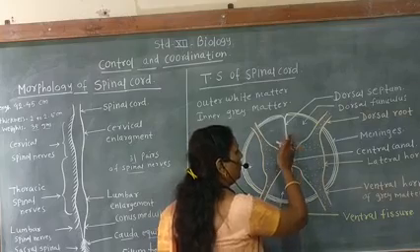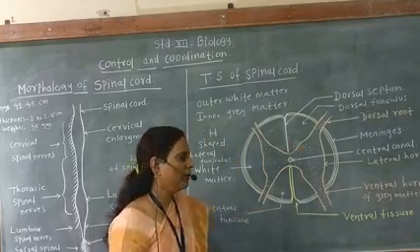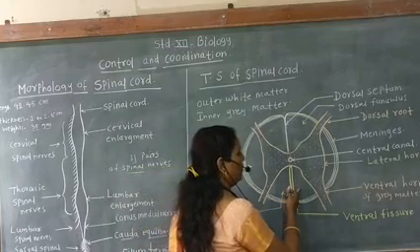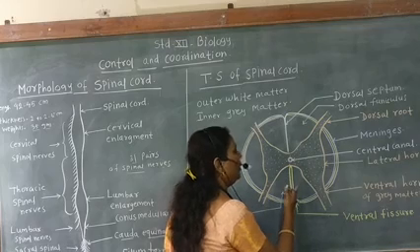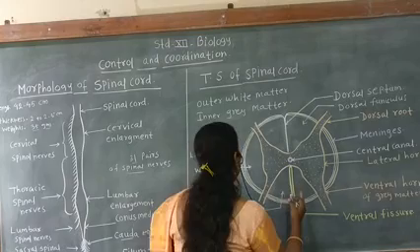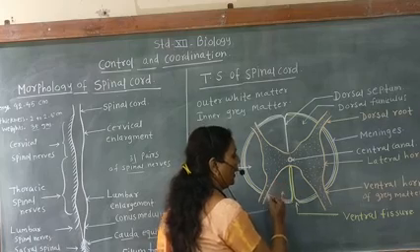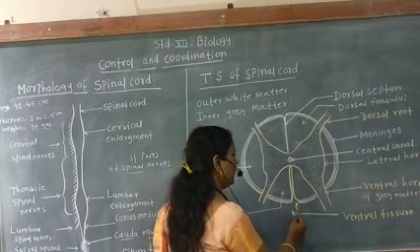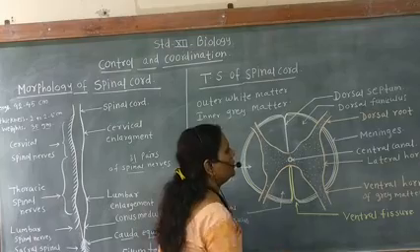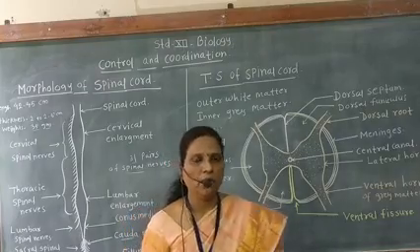The dorsal funiculus of white matter consists of ascending sensory nerve fibers. The ventral funiculi consist of descending motor nerve fibers. It also shows the ventral fissure and dorsal septum. So this is about the TS of the spinal cord.